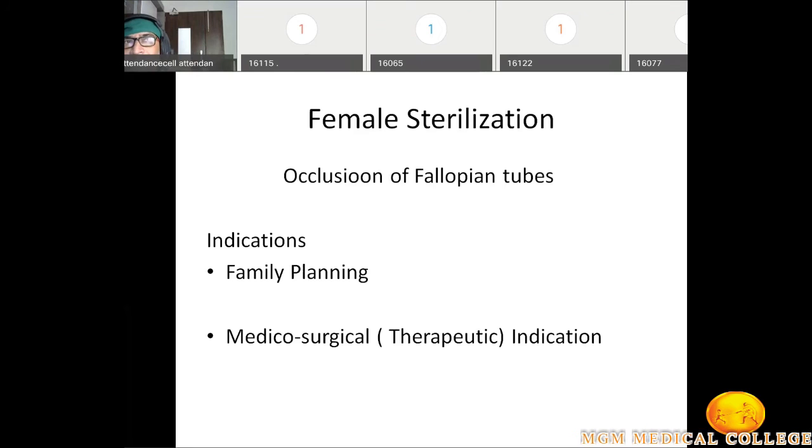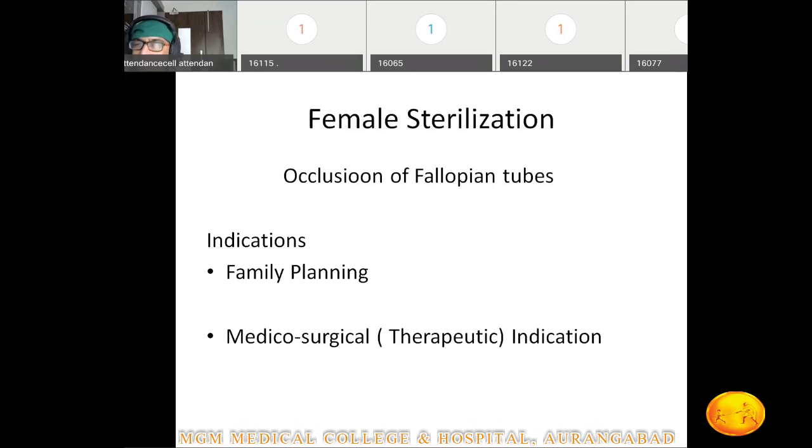If the female is having a tubal block as a cause for infertility, what should be the treatment? How will she conceive? What is the treatment of choice for tubal factor infertility?